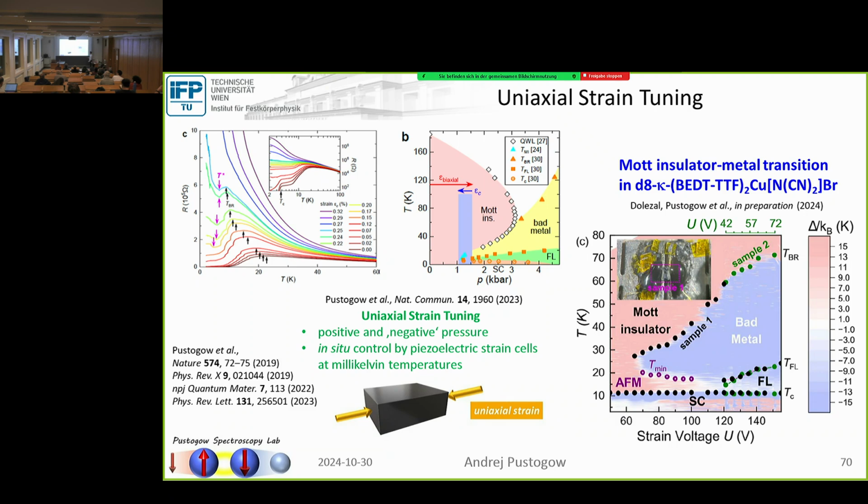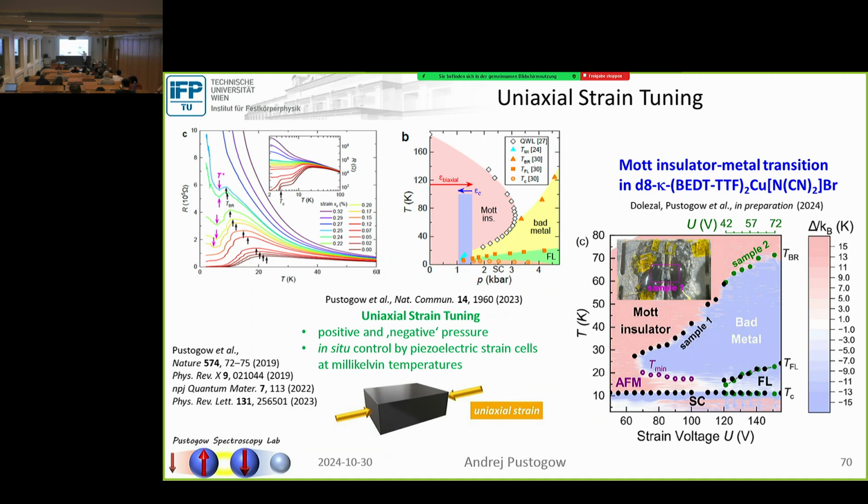Then we also succeeded recently to glue an organic sample, which is in this range. I mean, it's based on carbon, so it looks like a piece of coal. This black stuff on the right side is the glue, which we need to fix it to the strain cell, and then we push it this way, and the inner part here is compressed. And we get the phase diagram that we would also get from the pressure measurement.